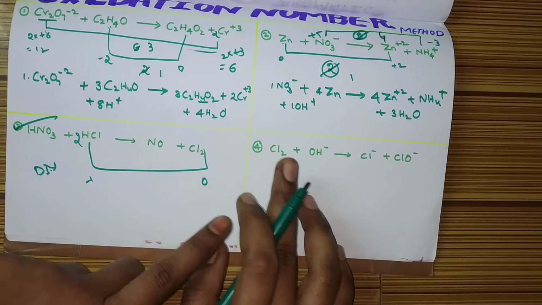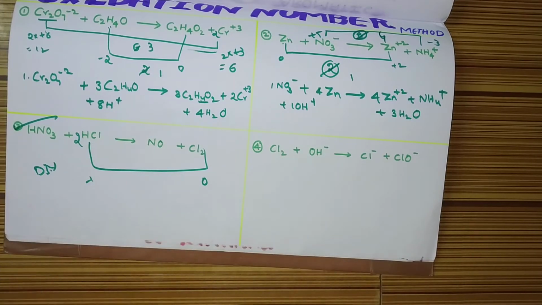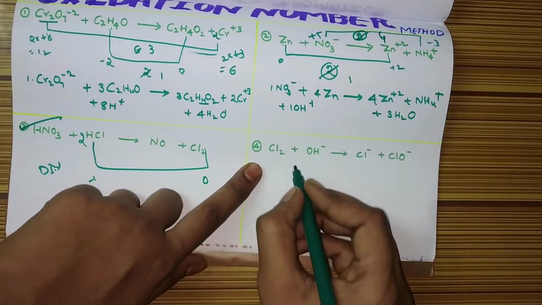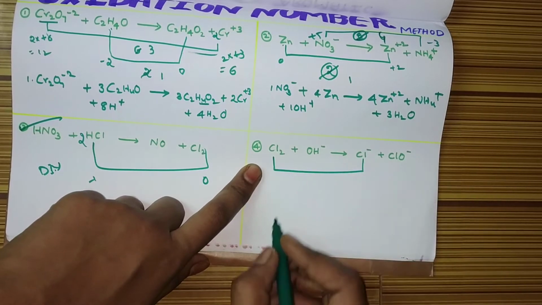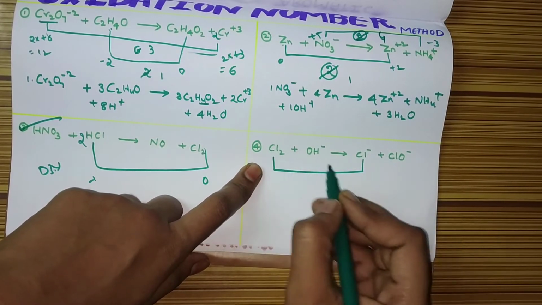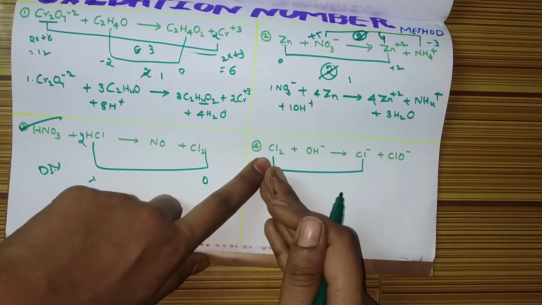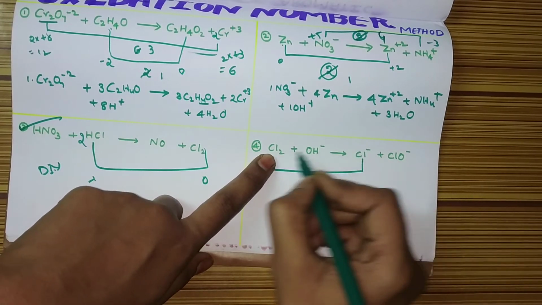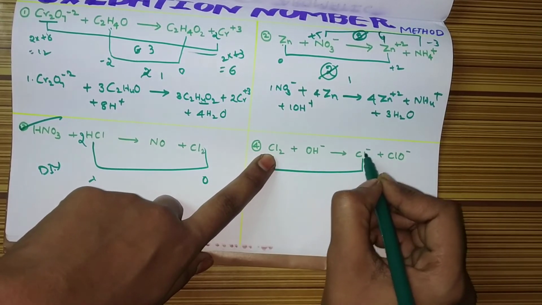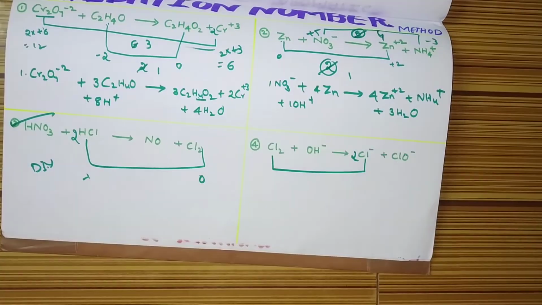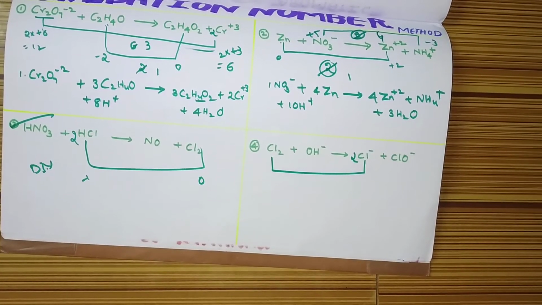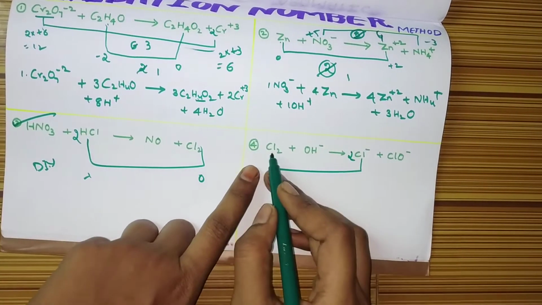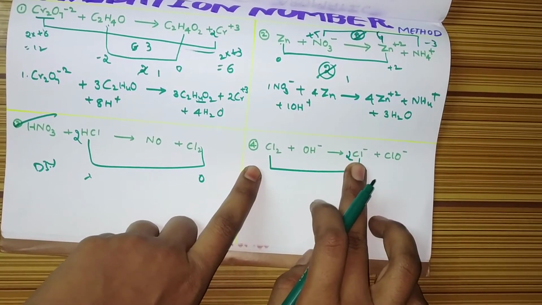This is basic medium, plus this is a disproportionation reaction. See how I calculate it. First calculate whether you have the same number of chlorines. 2 chlorines are there here, 1 there, so multiply this with 2. Now 2 chlorines here and 2 chlorines there. Balanced.